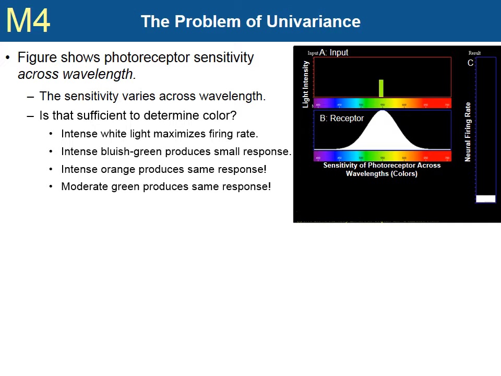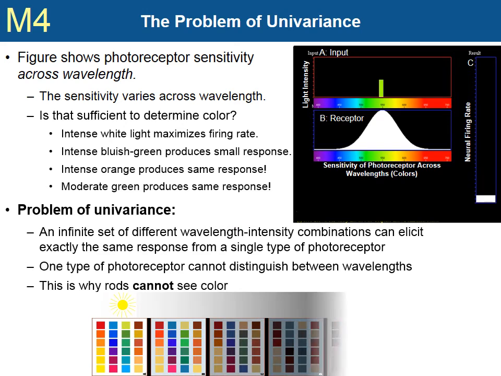It means that a single type of photoreceptor is not enough for us to tell what wavelength is being presented simply by monitoring the neuron's firing rate. Since all that our brain can do is monitor neural firing rates, it means that a single type of photoreceptor is not enough to produce color vision. This also explains why rods don't see color.